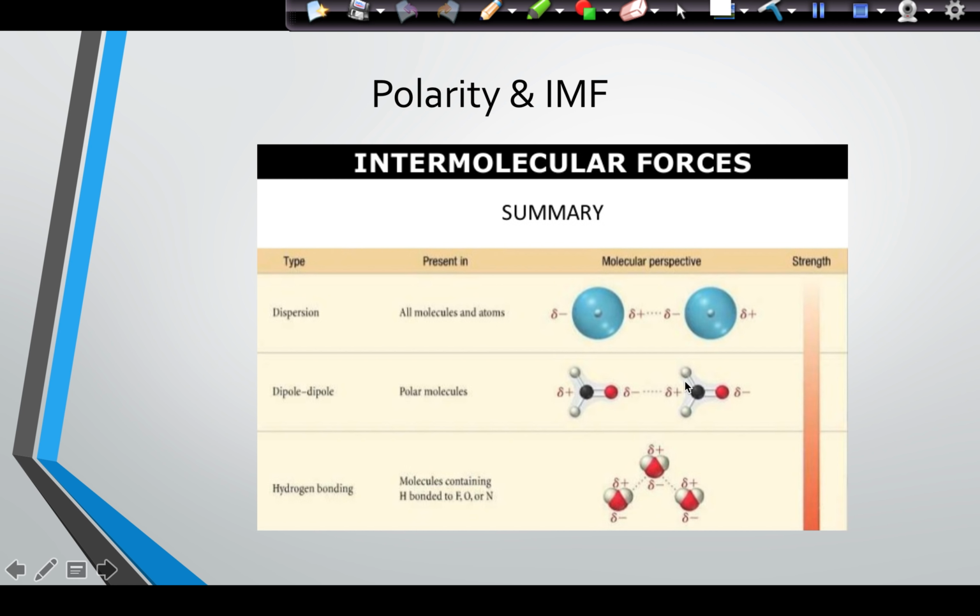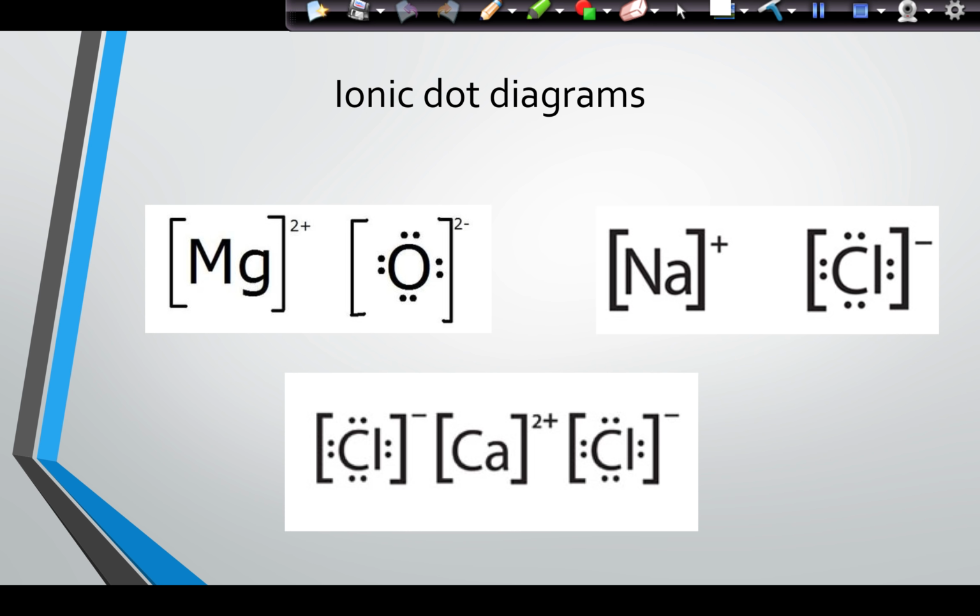Dipole-dipole is when the positive side of one polar asymmetrical molecule attracts the negative side of another. And hydrogen bonding exists when, inside of a molecule, hydrogen is bonded to fluorine, oxygen, or nitrogen. This intermolecular force between molecules is stronger than expected and accounts for the higher than expected boiling point of water.